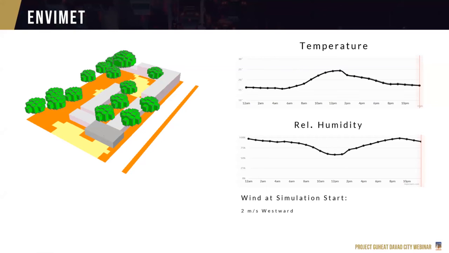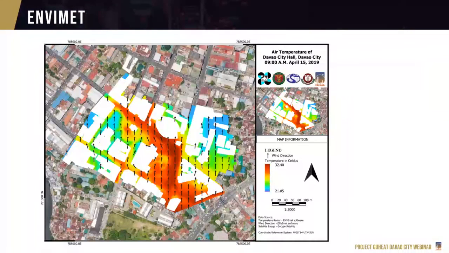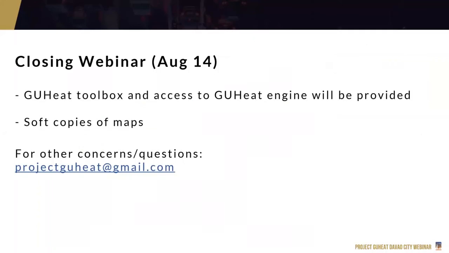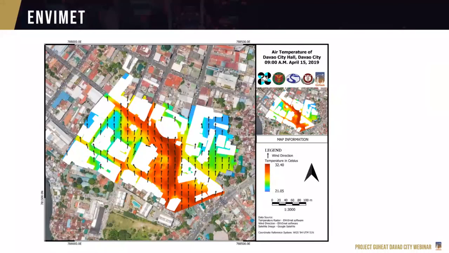So one of the outputs of this simulation is this map, which was actually shown earlier. So in this map, you can see the air temperature and the wind direction. So these are just two of the many available simulation outputs when you use ENVI-met.